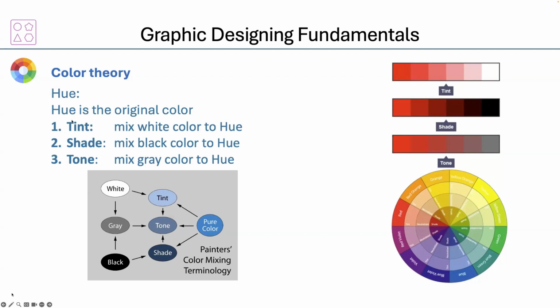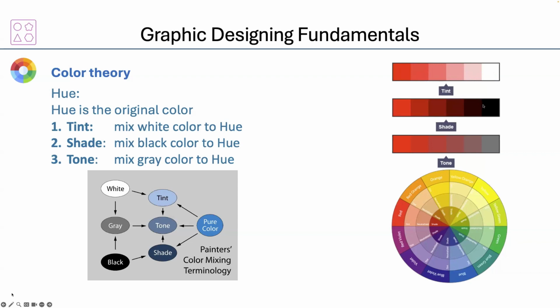When you mix a hue with white, it is called a tint. So here, if I say this is the hue red on the right side of the slide, when you add white color and increase the intensity of white, you will see a slight shift in the color, and this kind of shift is called a tint.